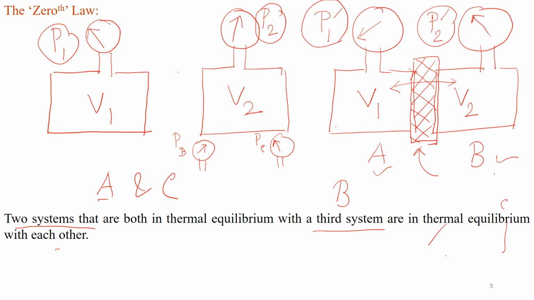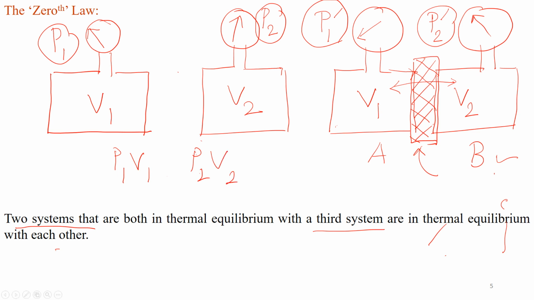Now you have already learned the ideal gas equation. So if you think that this gas behaves ideally, in the initial example I had two systems A and B, as drawn here, with a pressure P1 for the first system and P2 for the second system. Since the volumes are not changing, in the final state I had P1 prime and the same volume for system A, and for system B I had P2 prime and the same volume.